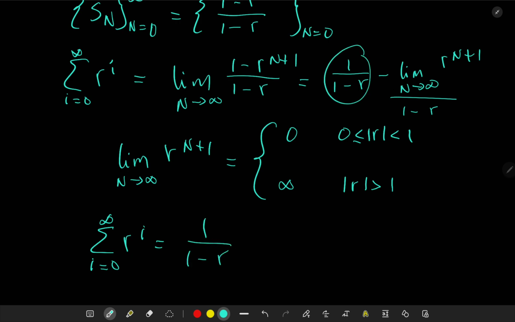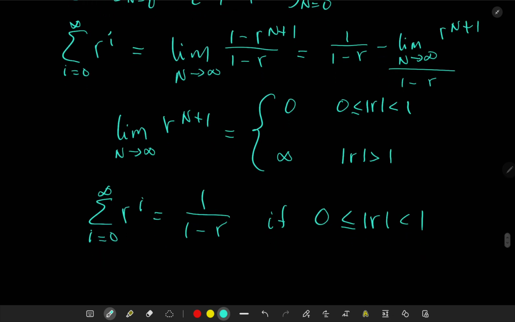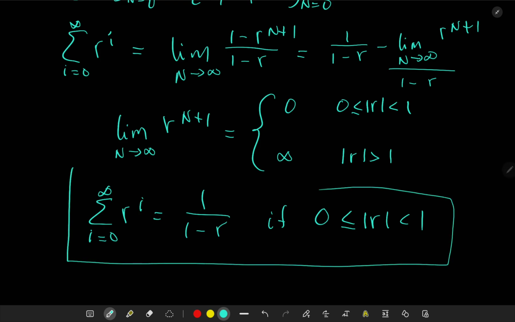So only this term would survive if the absolute value of r is between 0 and 1. All right, so that's another case where we can actually determine the sum, and of course it diverges otherwise. But this is one we're going to be using, so I do want to keep this one.